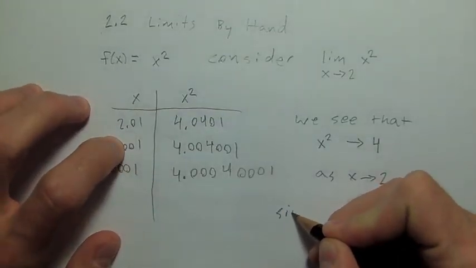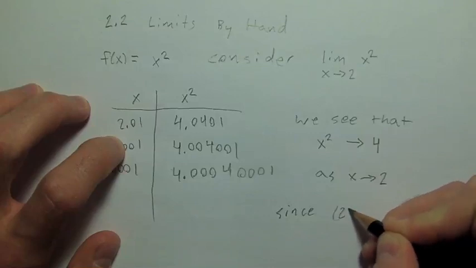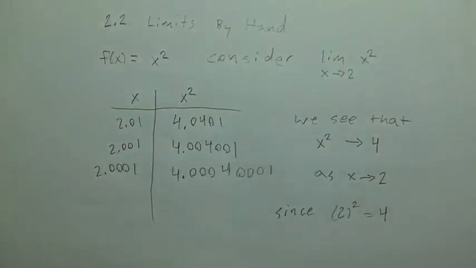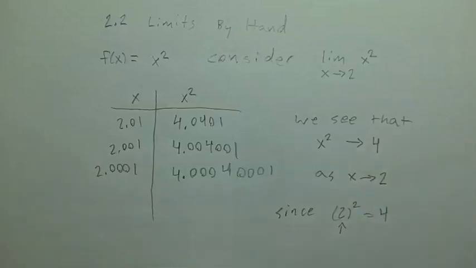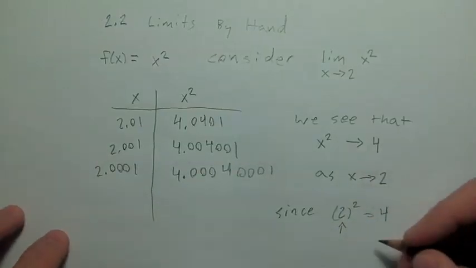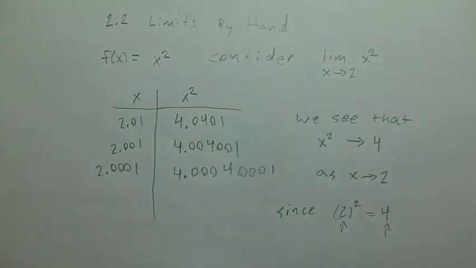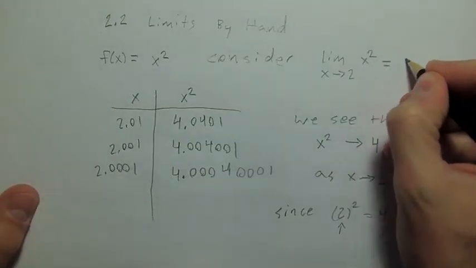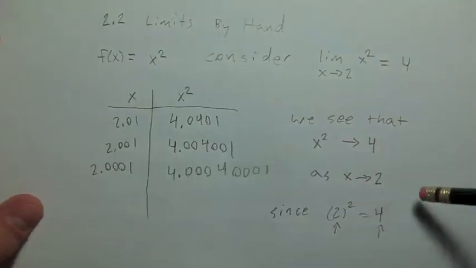And that's since, right, 2 squared is 4. As x gets closer and closer to this actual value of 2, the result should get closer and closer and closer to this actual result 4, right? So we say that the limit is equal to 4.